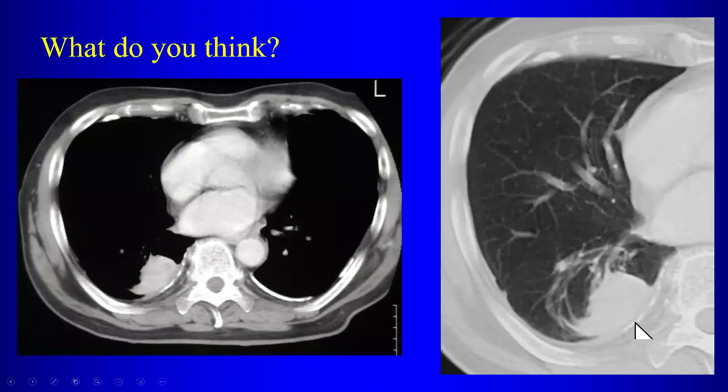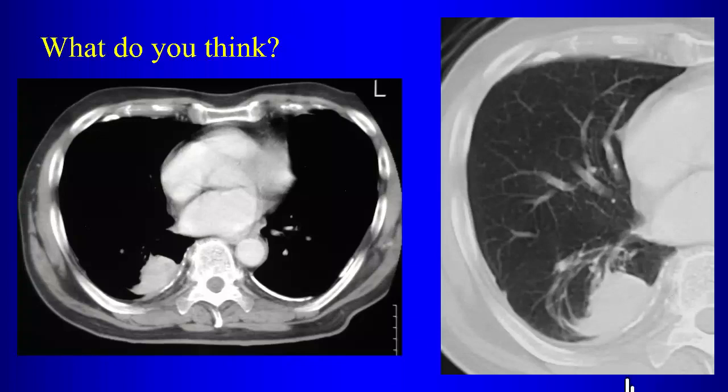So rounded atelectasis is typically associated with pleural abnormalities. What happens is anything that gives you abnormal pleura, the lung kind of folds in on itself and becomes adherent to the pleura and sticks to it and then never unfolds. So you get this rounded atelectasis.